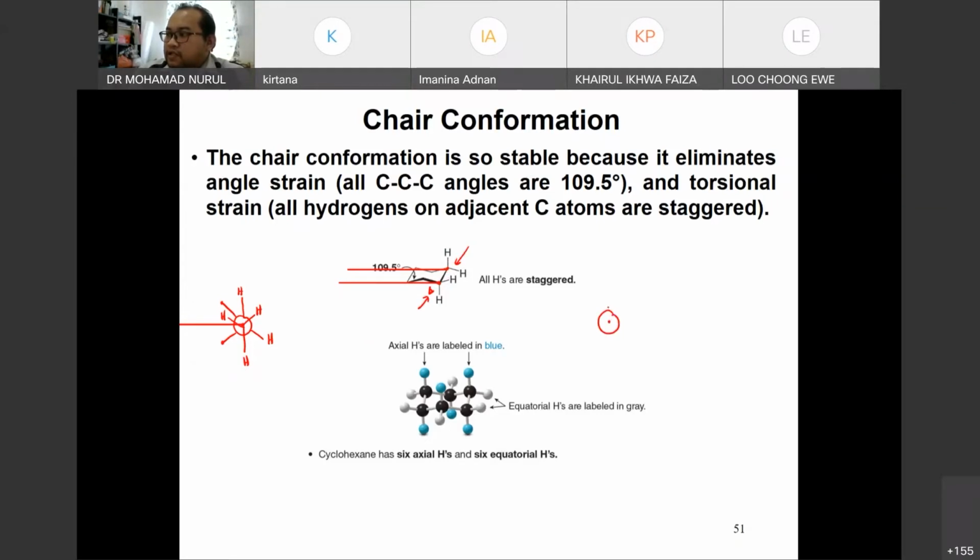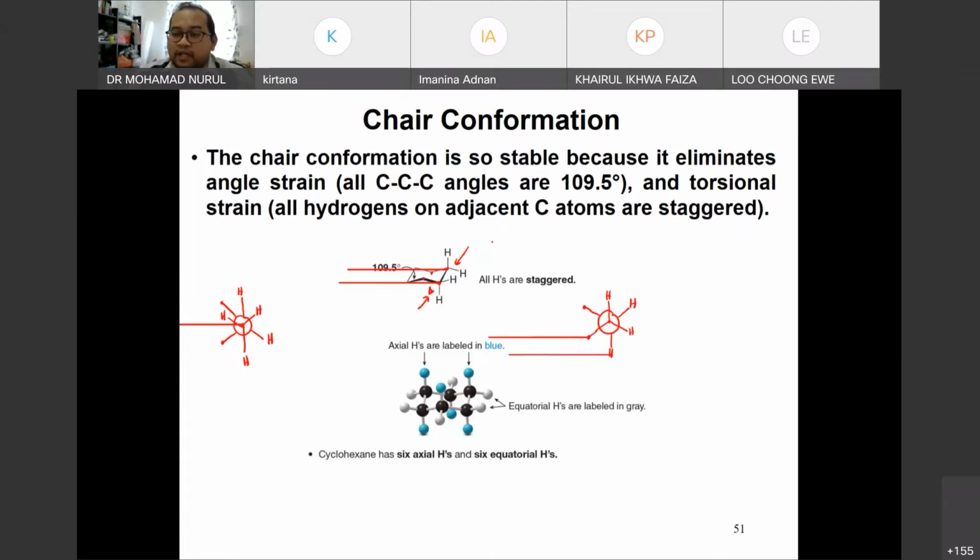Okay, so the proton will be, this one is connected to another carbon, which is the carbon here and here. So it depends which angle you want to see. I strongly advise you to see from here to reduce mistakes.